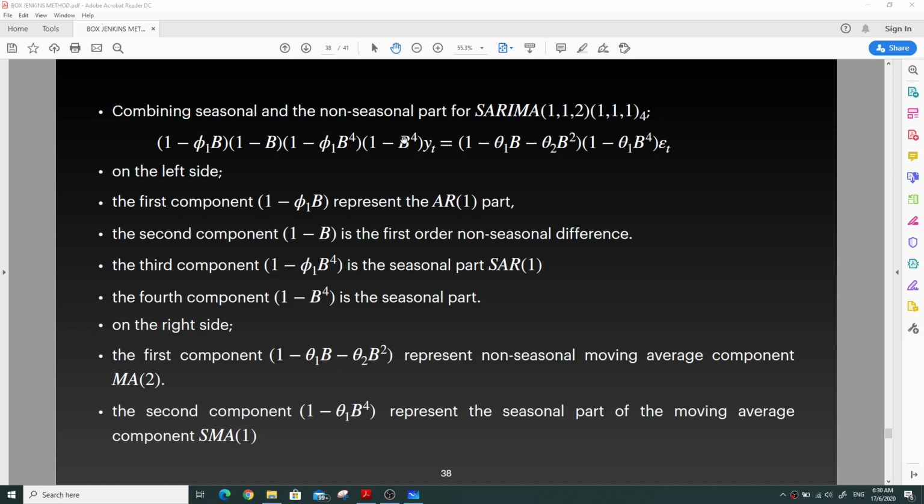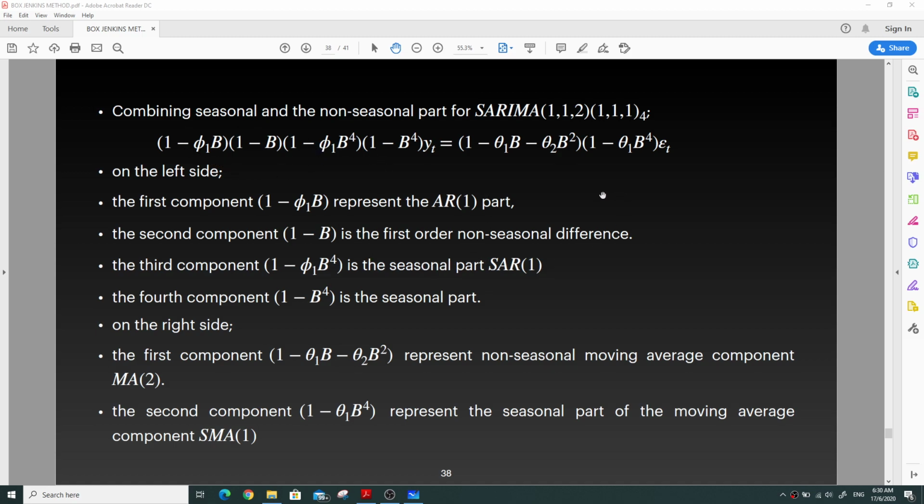If monthly, B12. This is the seasonal differencing part, the capital D. If the term has B4, it means it is for the seasonal part. This is for the left side.